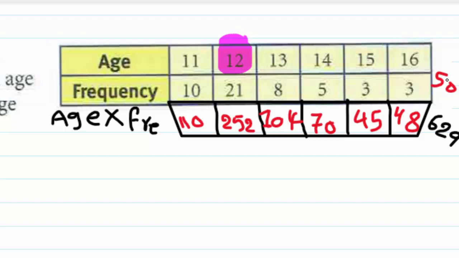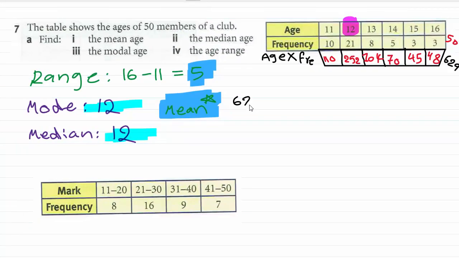Now these two numbers will give us the mean. The mean will be 629 divided by 50. That gives 12.58. Done. We got the range, mode, median, and mean.